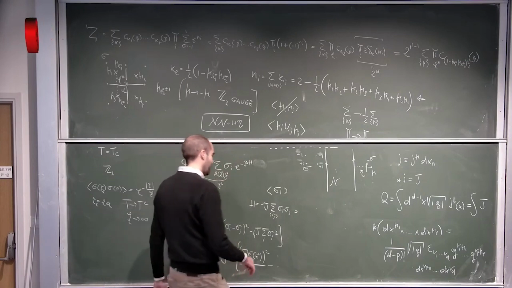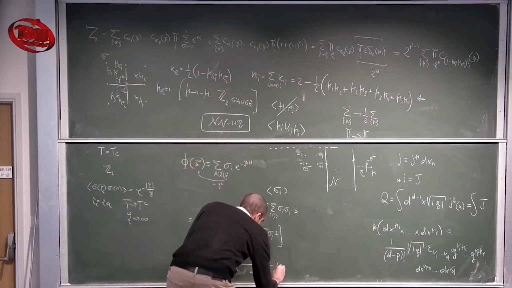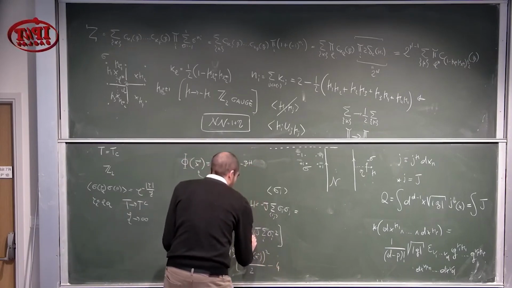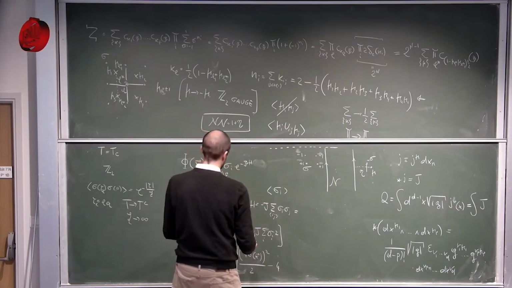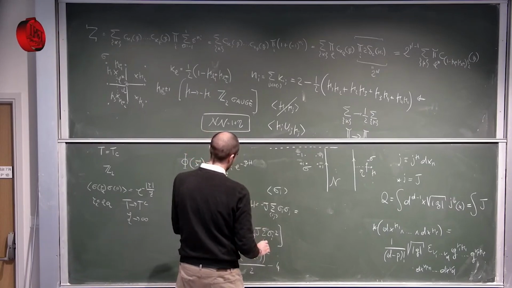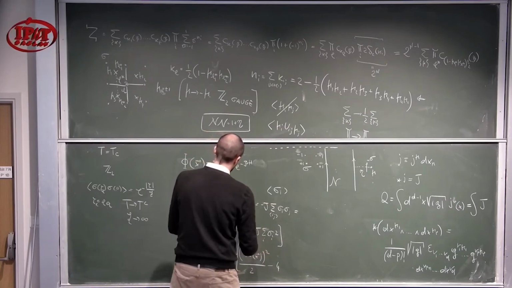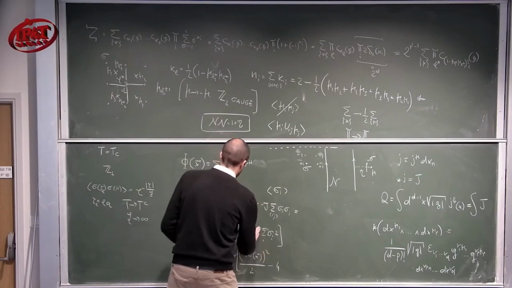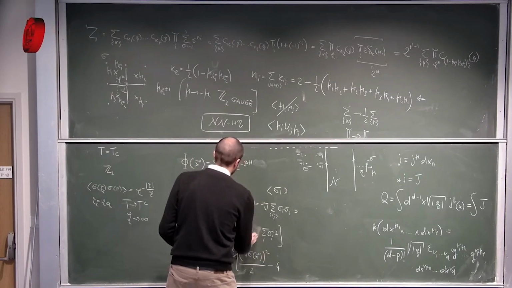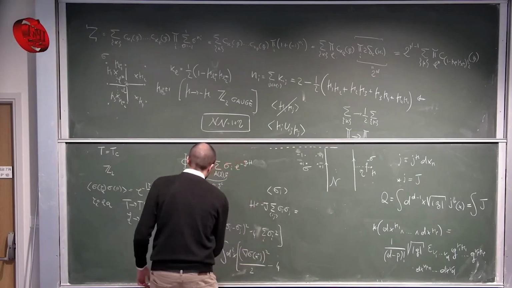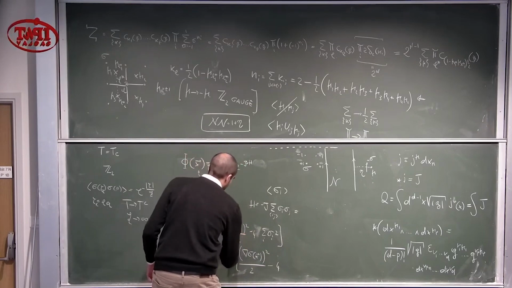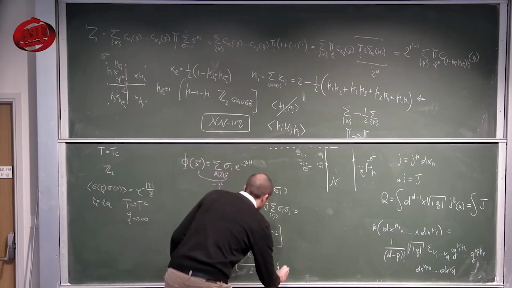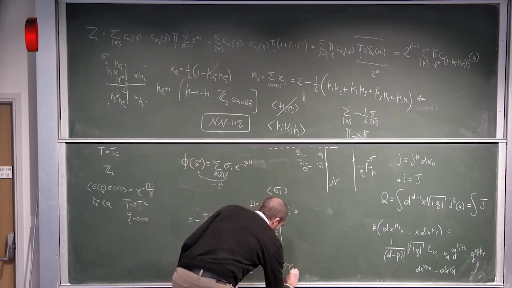Here I might have made a mistake: here I have a J to match, and here I have a 1/2 that should go here. All right, so now it makes more sense.